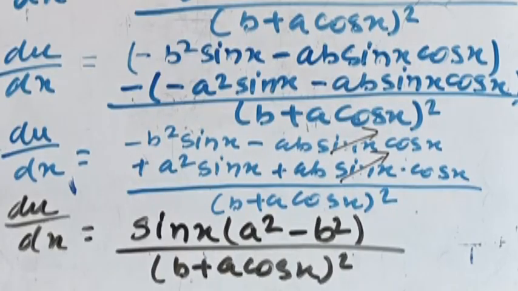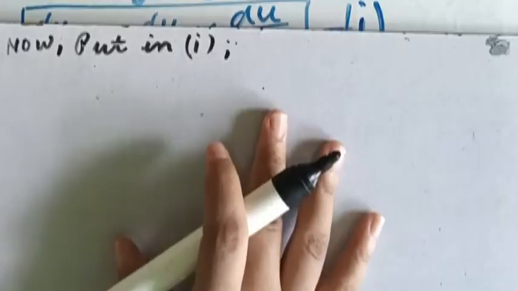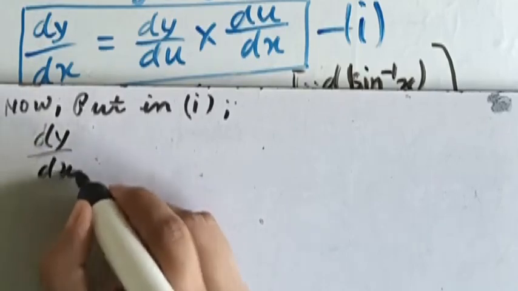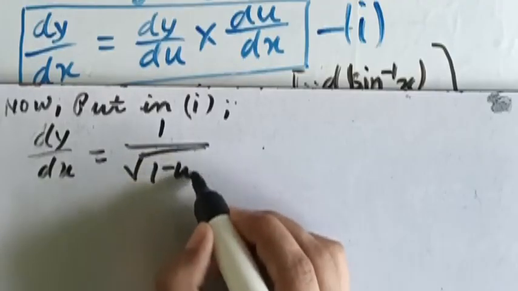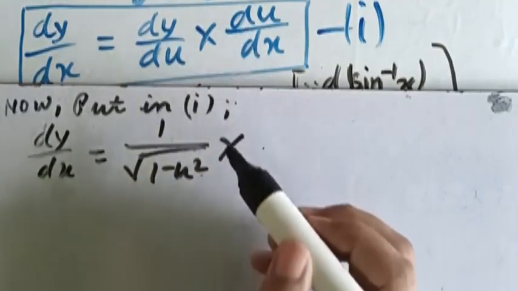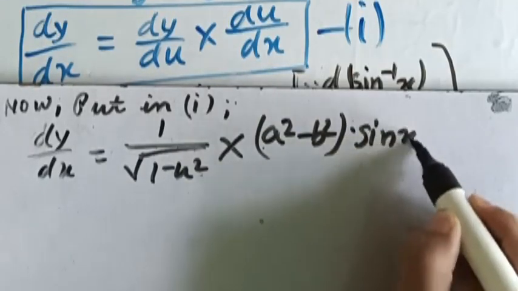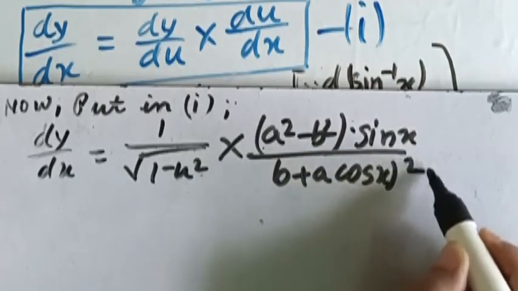And I hope that you all are understanding it. Put the value of dy upon du and du upon dx in equation 1. So dy upon dx will be, in place of dy upon du, you can write 1 upon root under 1 minus u square, into, in place of du upon dx, you can write (a square minus b square) sin x upon (b plus a cos x) whole square.